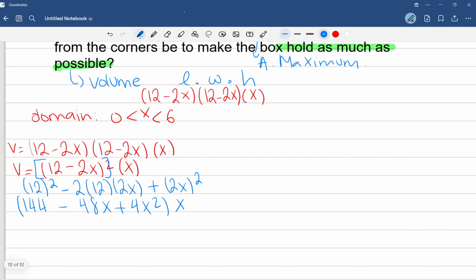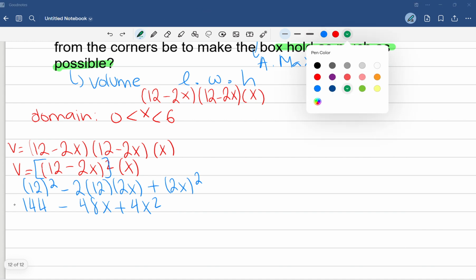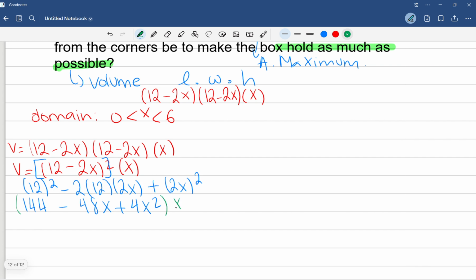After we distribute the x, I'm going to get my final V, which is 144x minus 48x squared plus 4x cubed. So this is my final volume. Until now, we did length times width times height, we found my domain, and I found the volume.